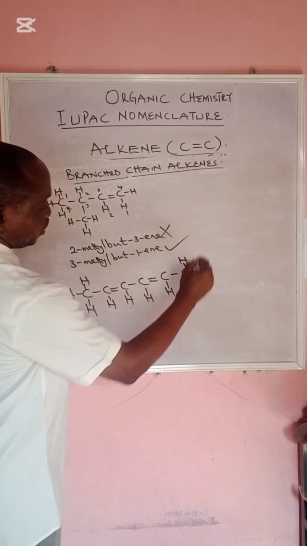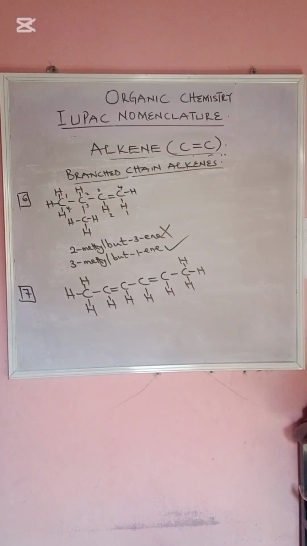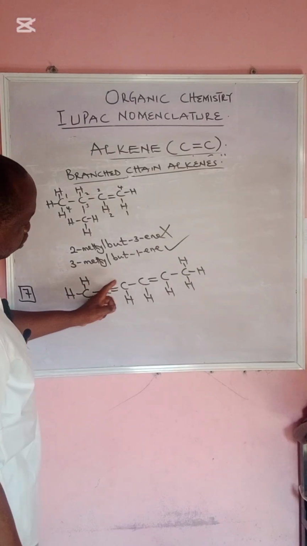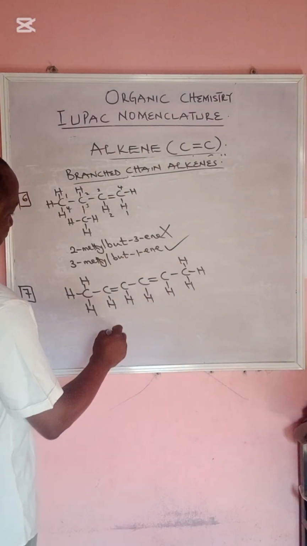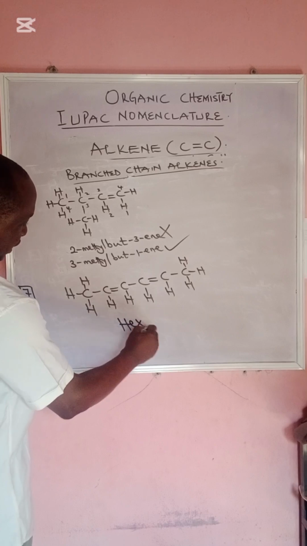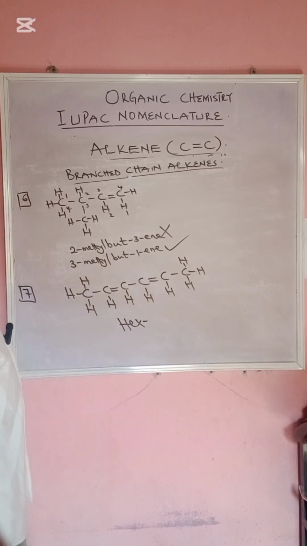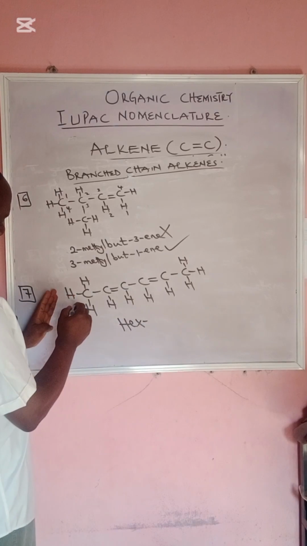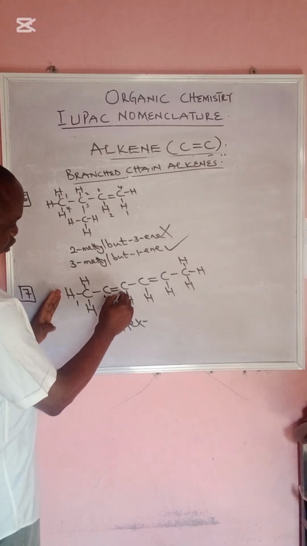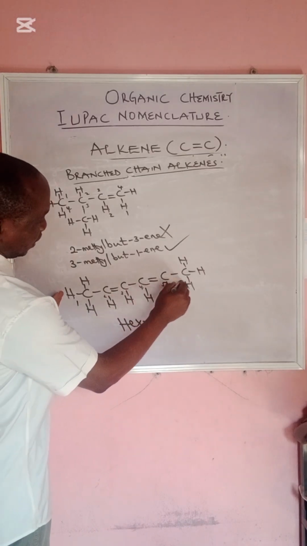You can see how to distribute the hydrogen. Be careful. So the longest chain is 1, 2, 3, 4, 5, 6. This is 6, that is hex. Hex what? Ene. So I'm counting from here: 1, 2, 3, 4, 5, 6.